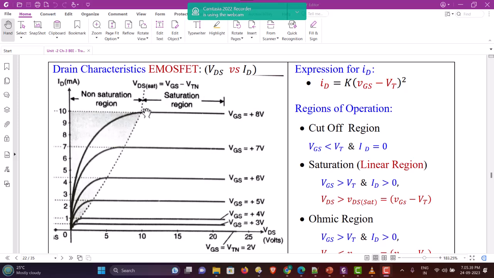Whereas the region in which the drain current saturates, the horizontal straight line area, is called the saturation region. The saturation region starts when the VDS value is greater than VDS sat.